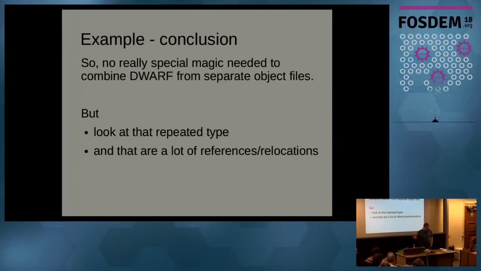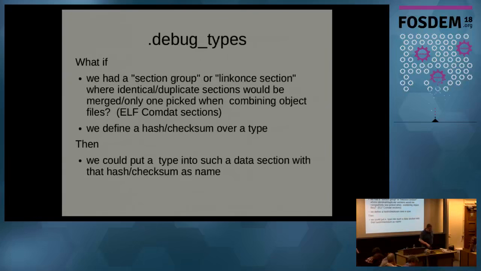And indeed one of the questions is if this design goal is worth revisiting. So what if we put all those types in their own section, and what if we had tools that had a link-once section or a section group, which is a good question to ask because sections and linkers support that.